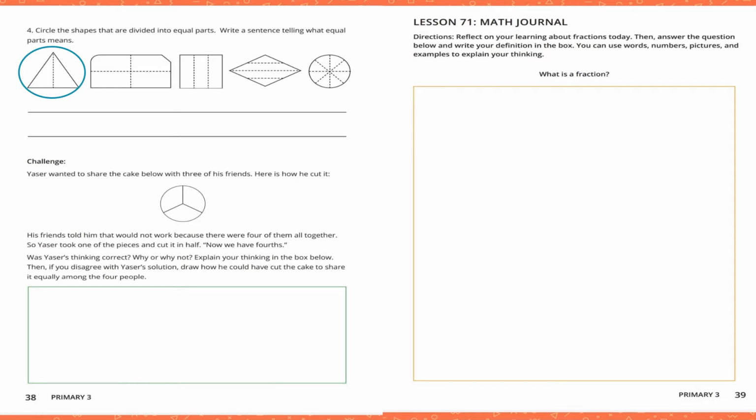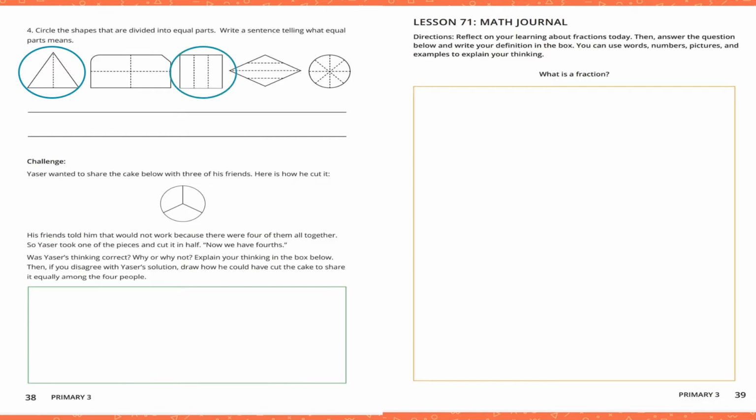No, focus here. This part is not like this, and this part is not like this. So it's not divided into equal parts. Here, this shape has 3 parts. Are they equal? Yes, so I will circle it.